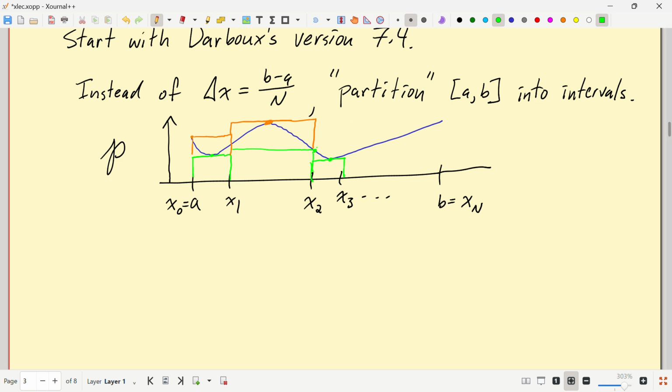The max on this one looks like it's the left endpoint, etc. And on this last one, here's the sup. And here's the inf. Okay?